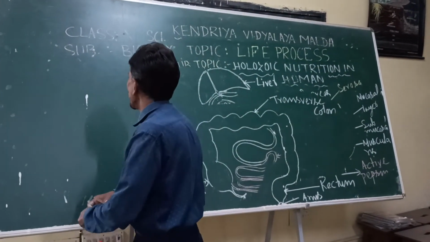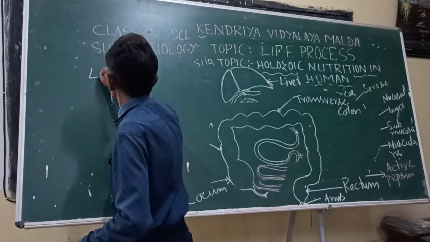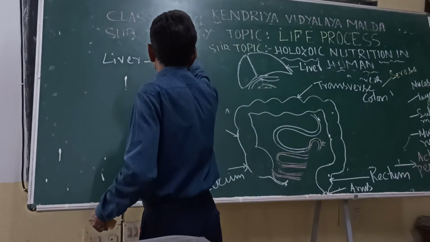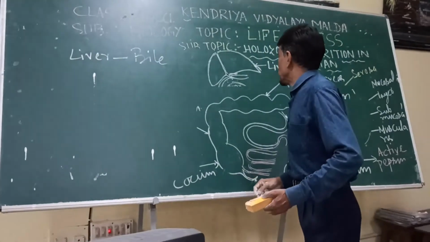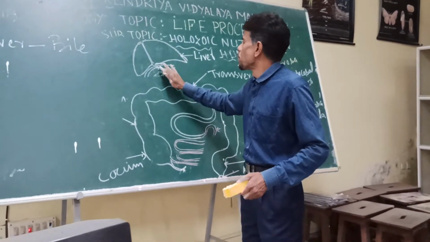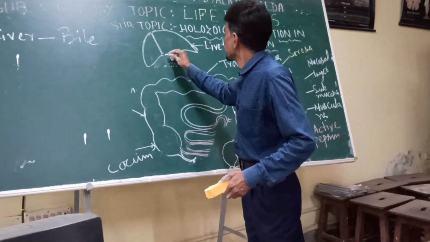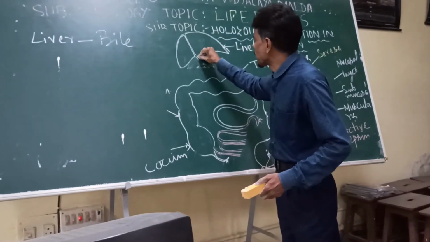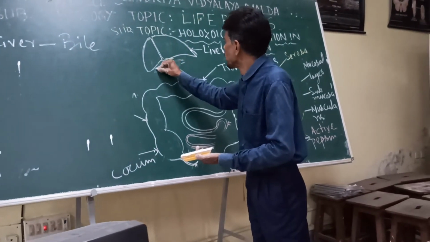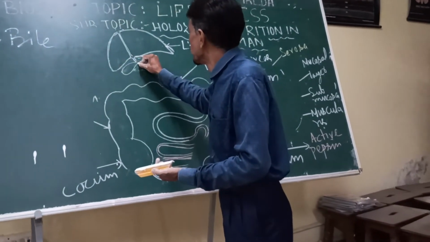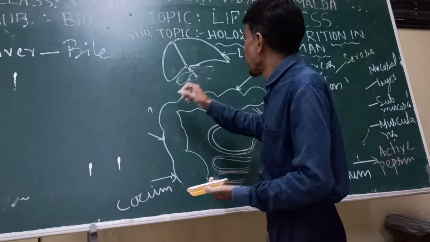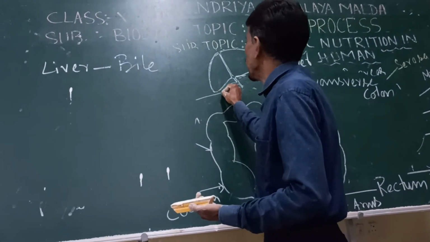So the liver secretes bile. This bile is temporarily stored in a small bladder-like structure, which is called the gallbladder.